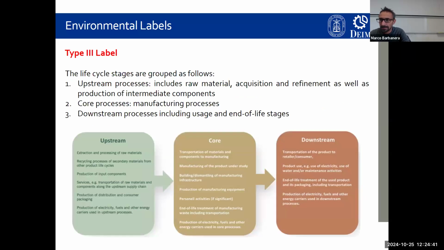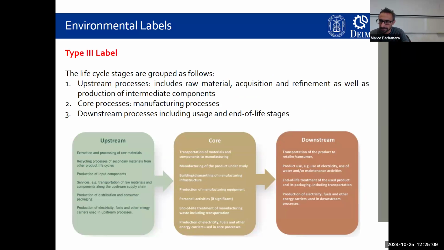Typically, in these product category rules, the life cycle of a product is divided into three main steps: upstream processes, core processes, and downstream processes. In this slide, you can see which processes are included in the upstream, core, and downstream.